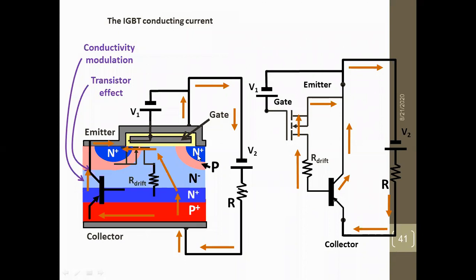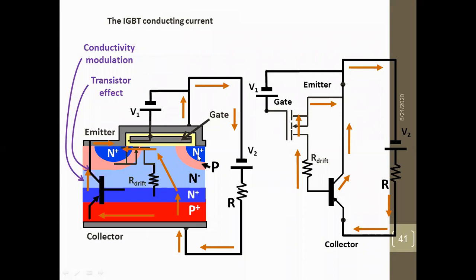Next, if we reverse the supply into a forward biased condition, by making the gate positive with respect to the emitter, a turn on process occurs. That is the forward biased condition. Here an IGBT is turned on by just applying a positive gate voltage.